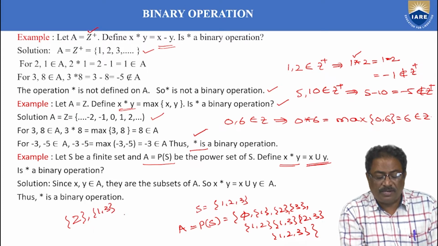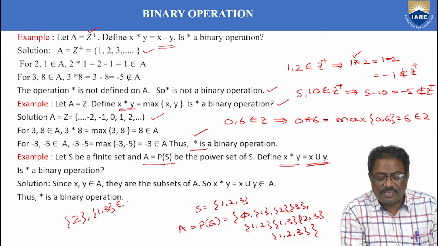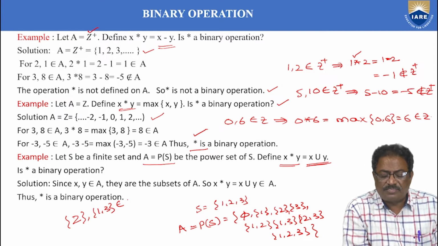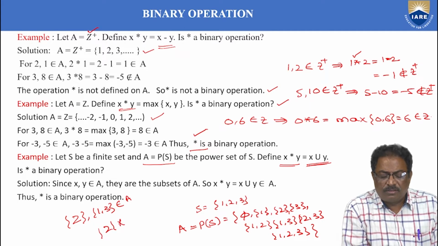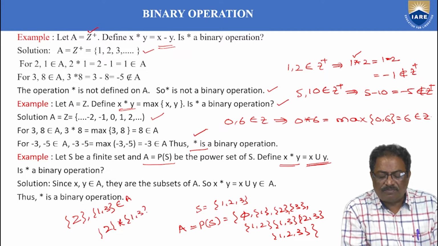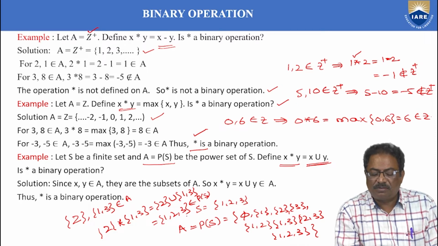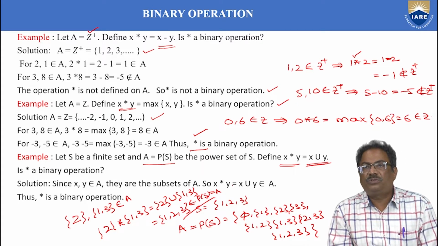These are 2 elements from the set A, where A is nothing but the power set of S. Then 2 star 1, 3 is nothing but the union of 2 and 1, 3. Subsequently, we are going to get 1, 2, 3, which is a member in P of S, which is equal to A.